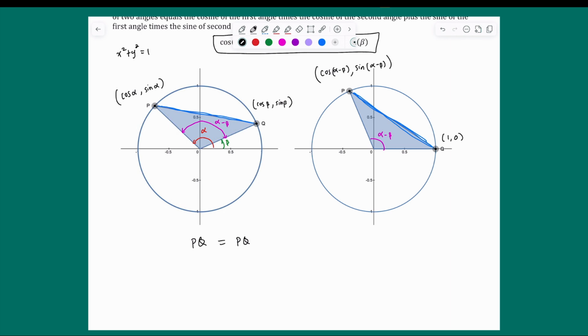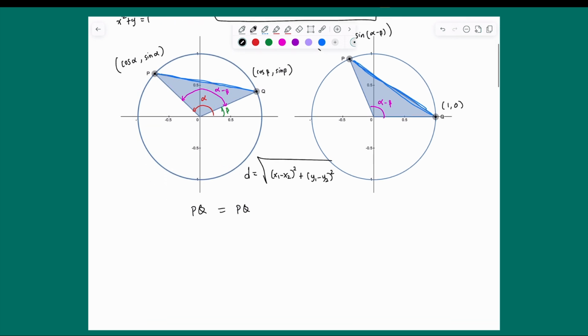If you recall, we find the length between two points using what's called the distance formula, which is the square root of x1 minus x2 squared plus y1 minus y2 squared.